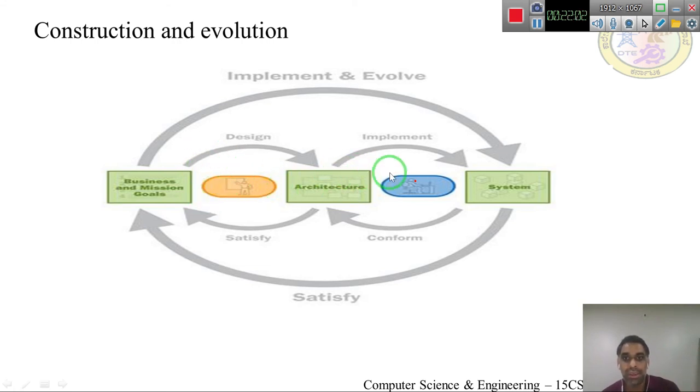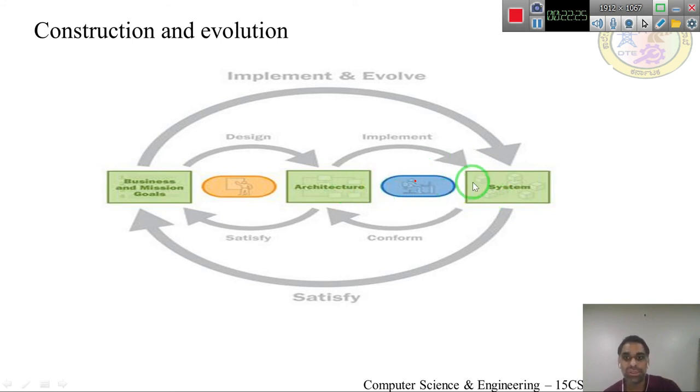Why does it divide? So that in a team there will be many teammates, and each teammate can separately work on a separate part. So how does it construct? It would divide first and then conquer, right? So the divide and conquer concept applies here.